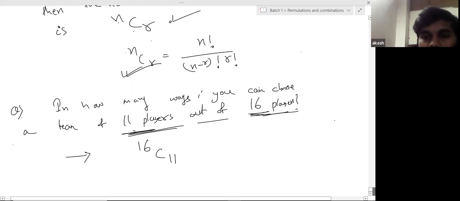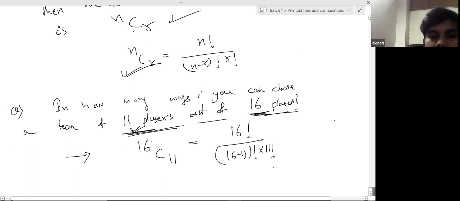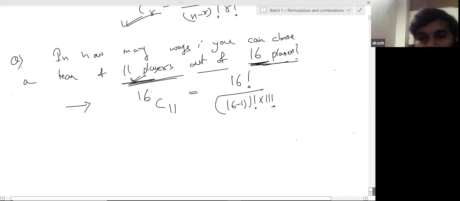The value of n is 16. You have to choose 11 things. So 16C11 is 16 factorial upon (16 minus 11) factorial into 11 factorial. You can solve this and find the answer.